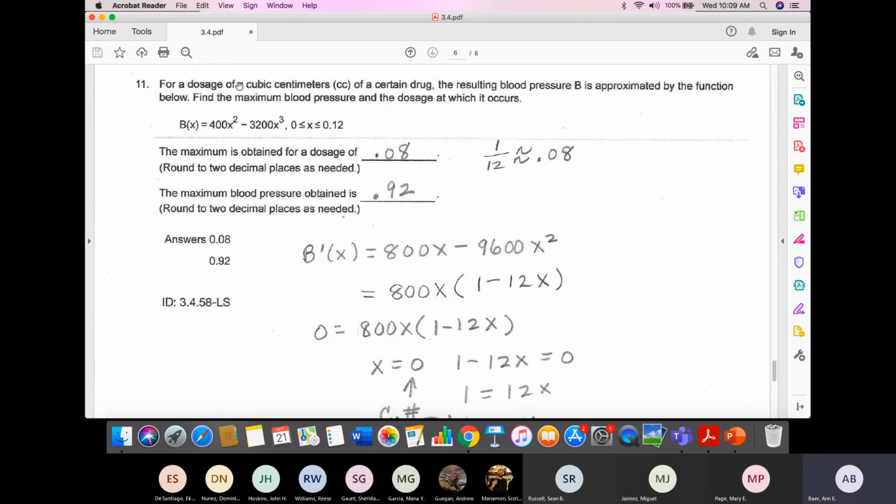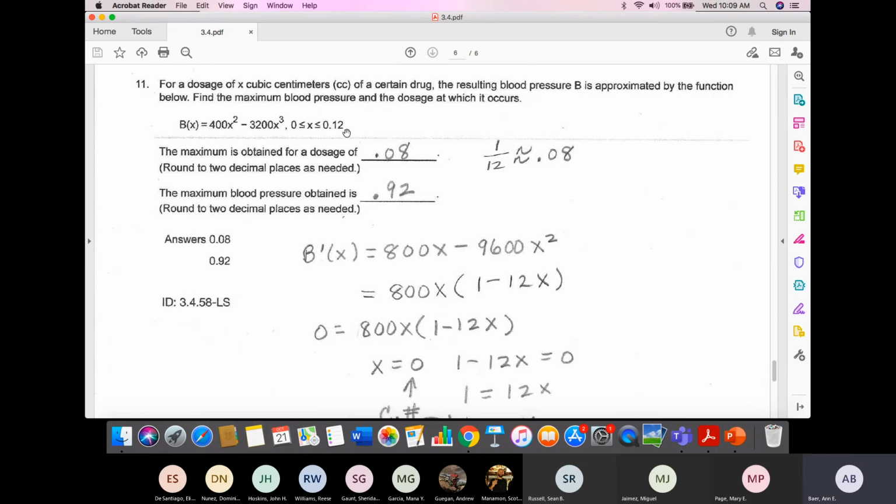X is the cc, the dosage of a drug. You're really not interested in a zero dosage. So we can consider this an open interval for the purposes of this problem. And what does 0.12 mean?